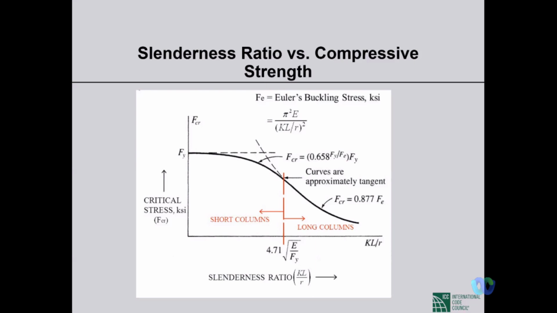The thing is that this limit, 4.71 root over E by Fy, is a limit beyond which we call a column or a member long, a long column, and if the slenderness ratio is less than this, then we can think of the member as a short column. So when the slenderness ratio exceeds this limit, we can be very sure that there will be buckling before anything else.